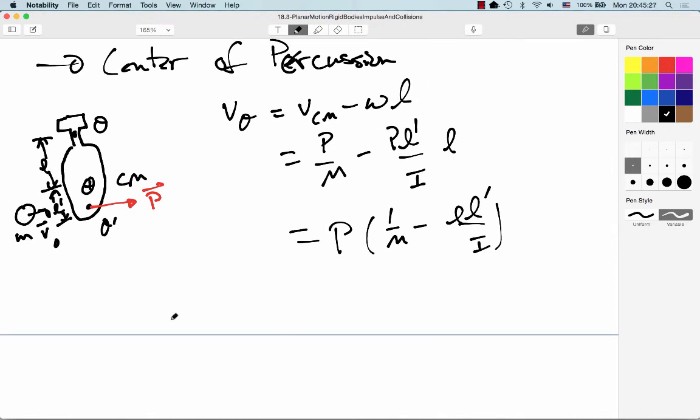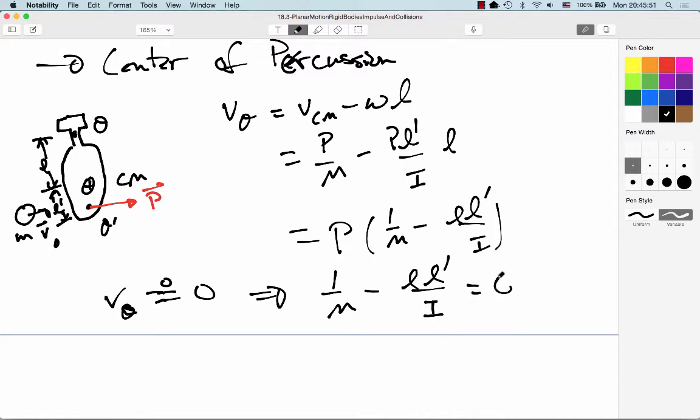So we want to avoid stinging, so we'll set the velocity about O to be 0. So that's going to require, the P drops out, it's irrelevant, that 1 over M minus L L prime over I equals 0.